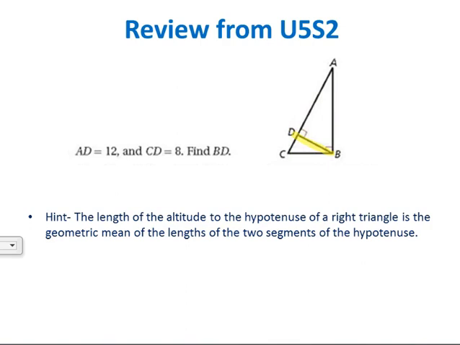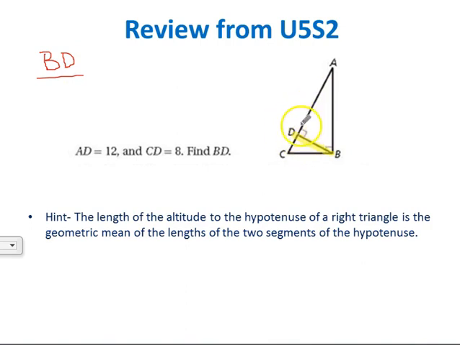So we learned in Unit 5, Session 2, one of the patterns with finding sides is that if you're trying to find the length of the altitude, which is BD in this case, we're going to set up a proportion.